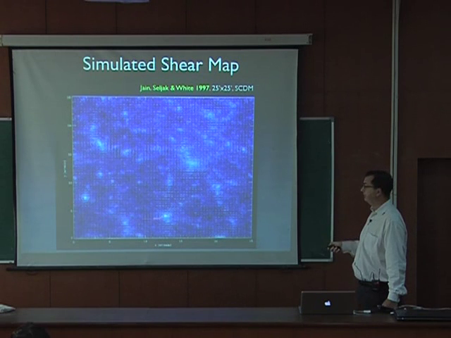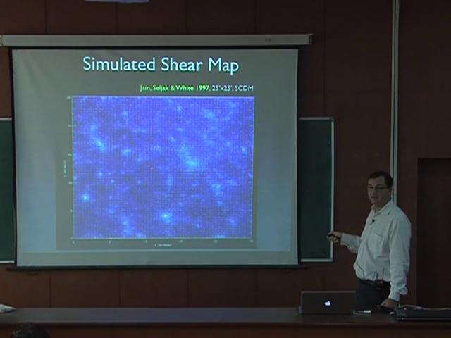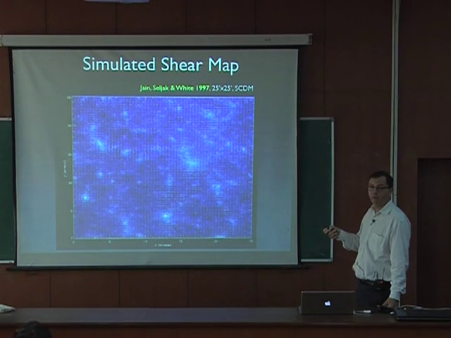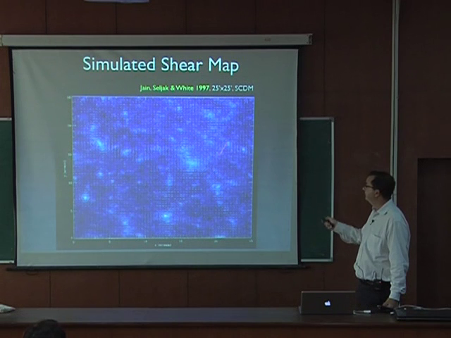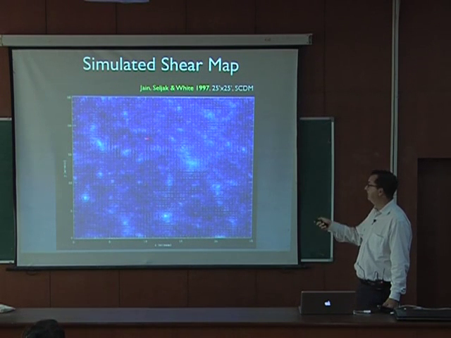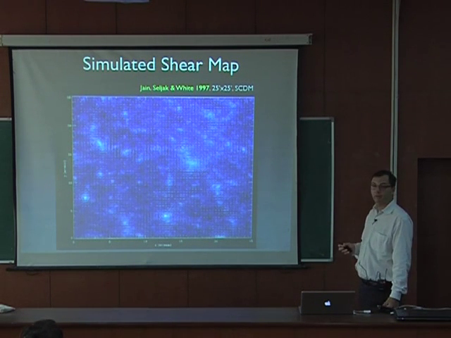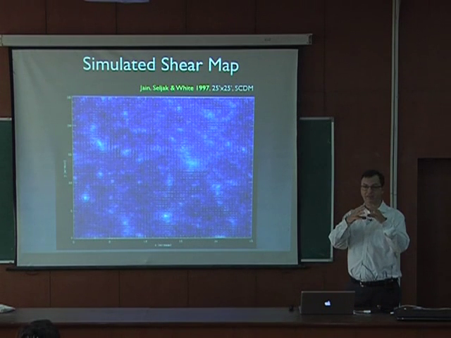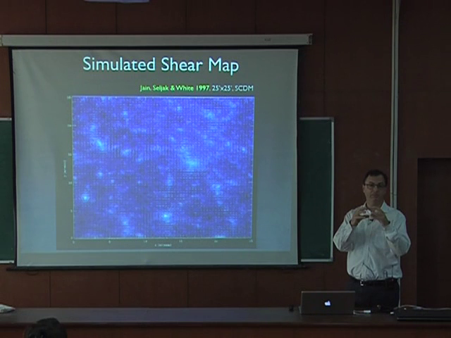Now the difficulty is that this weak lensing effect is weak indeed. The amplitude of the shear we expect in typical places in the universe is about a few percent. So if you take a galaxy, its axis ratio gets affected by lensing by only a few percent.